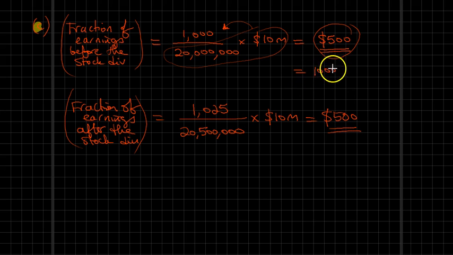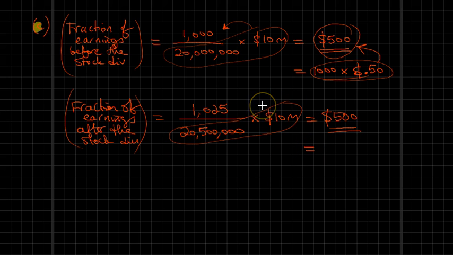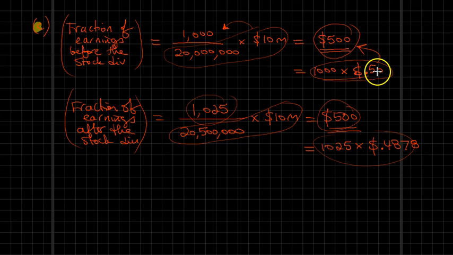Because I used to hold 1,000 shares and the earnings per share previously was 50 cents, this gives us the 500. Similarly for the other case, this is my earnings per share times my larger holding, and that gives us the same answer as well. This confirms that what we did here is correct, and it is very eye-opening in one sense.